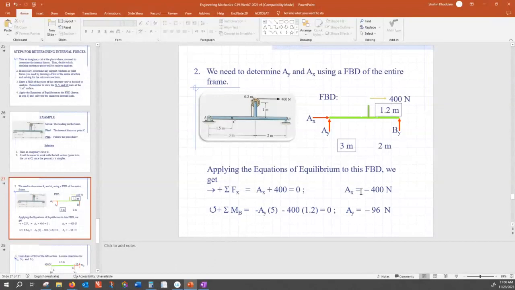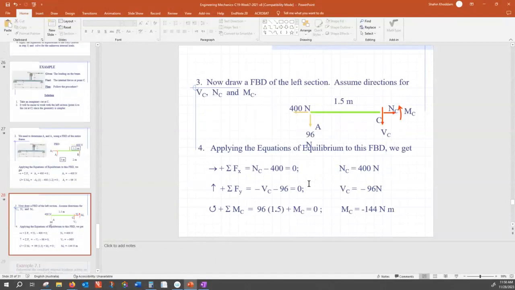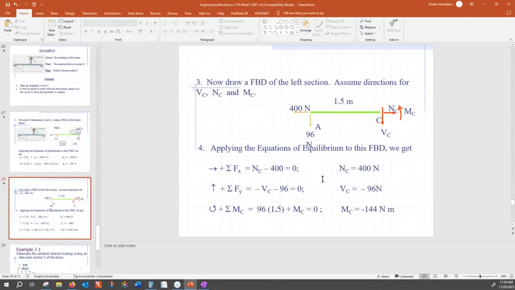So here they calculated AX, AY. We don't need that. If we take the right hand side, there's no need to find the reactions at A. We only need reactions at B. So I think we made a mistake somewhere.